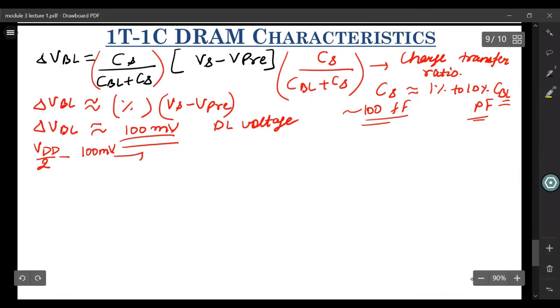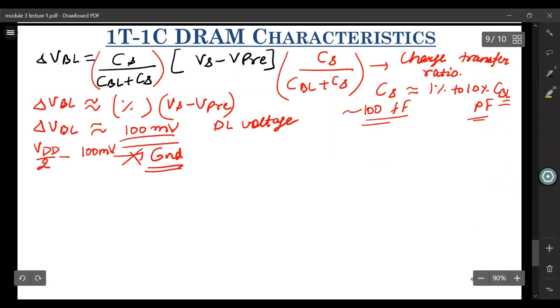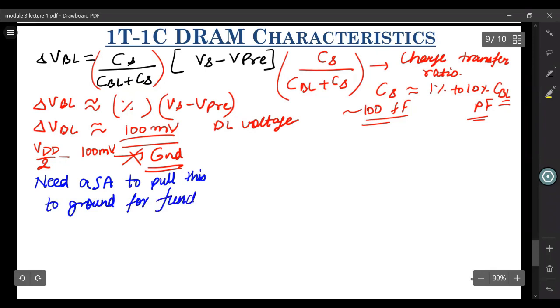It won't go to ground, because there is no discharging mechanism that is being continued, unlike your 3T DRAM or SRAM. So here you need a sense amplifier to pull this to ground for functionality.